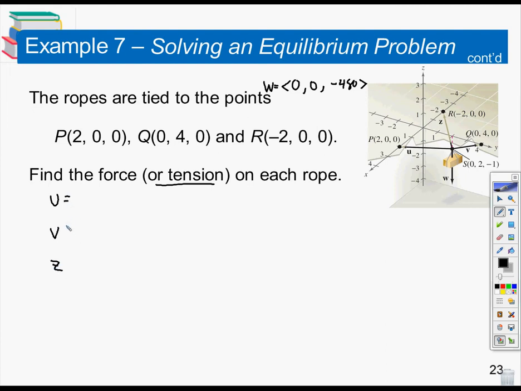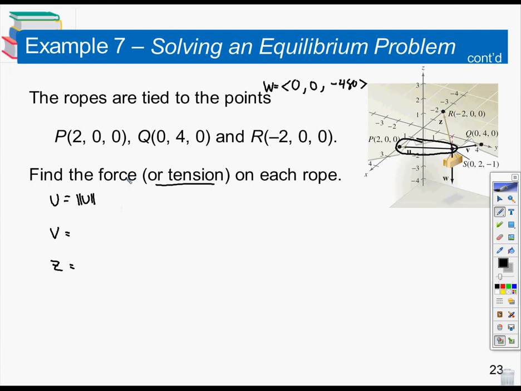And we'll say that u is going to be the magnitude of u times a unit vector in the direction, let's use this one right here. Okay, so that's going to be u. So what I need is the component form of this vector over the magnitude of that component form.